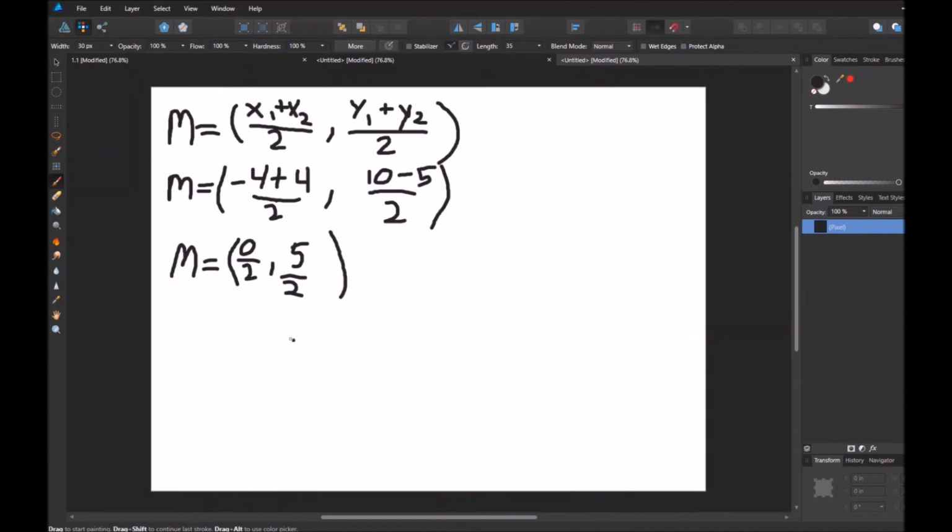So in this case, 0 over 2 would just be 0, and then 5 comma 2, you can just leave it as 5 comma 2, or you can write 2.5.